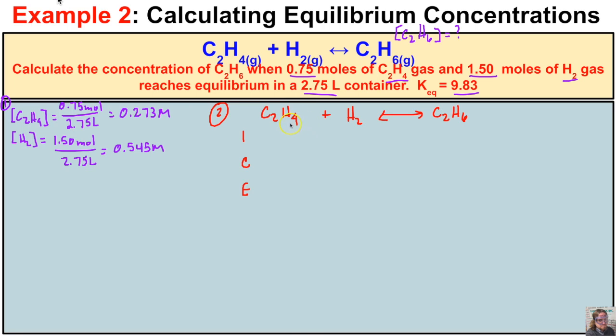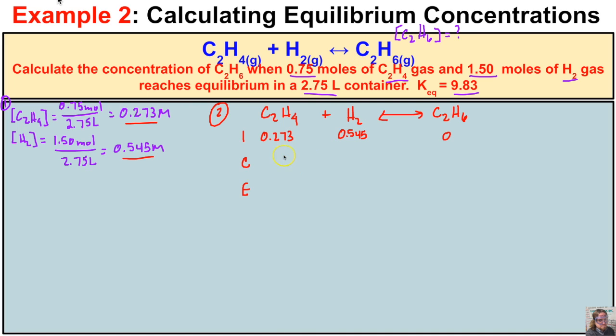And so if we read this question, the initial concentration of our C2H4 is right here. It's 0.273. The initial concentration of our H2 is right here. It's 0.545. And the initial concentration of this is going to be 0, right? We're starting off with these two reactants, and we don't have any of this stuff yet.